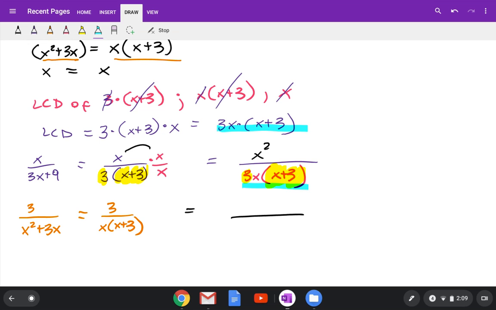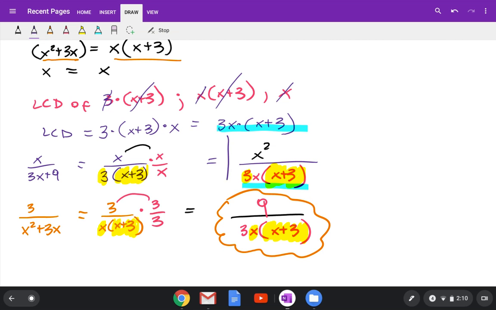So we need that 3x on the bottom times x plus 3. So let's see what we have. We have x, and we have x plus 3. So the only missing factor is 3. So we multiply top and bottom by 3. And then you will multiply. 3 times 3 will give you 9. So that's our second fraction.